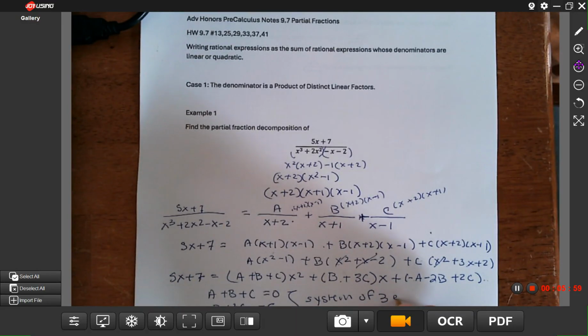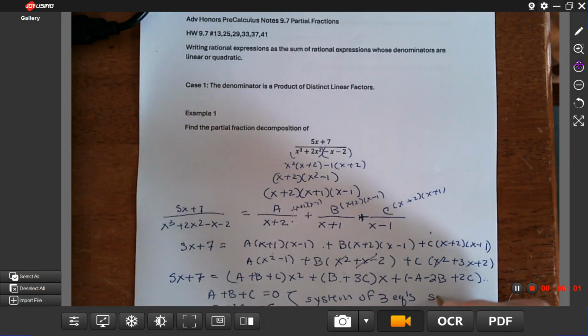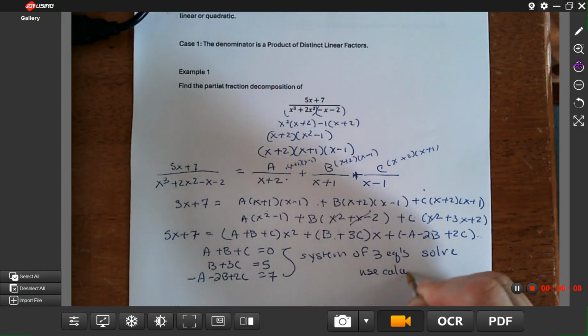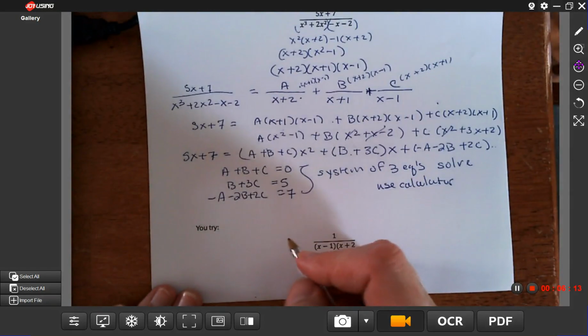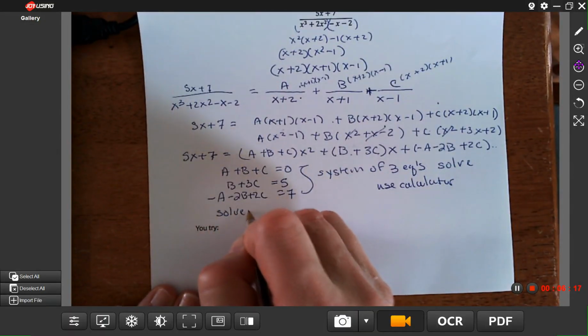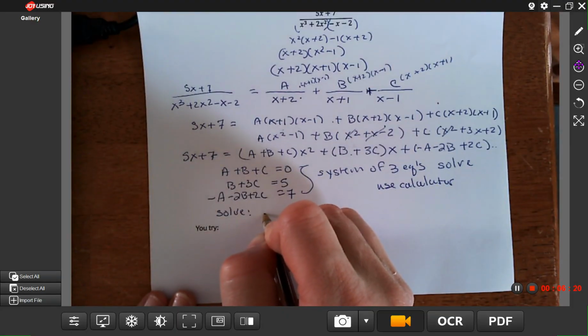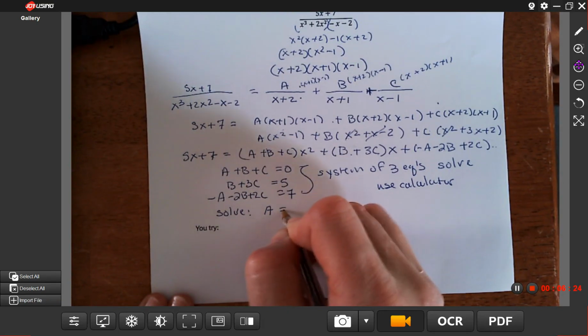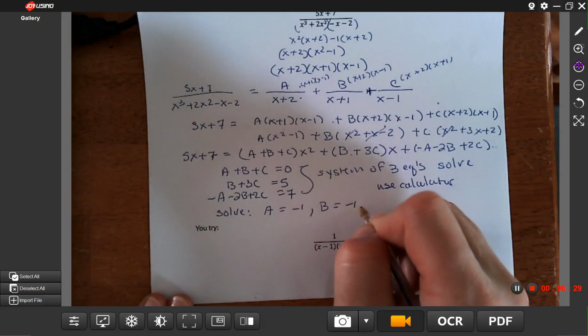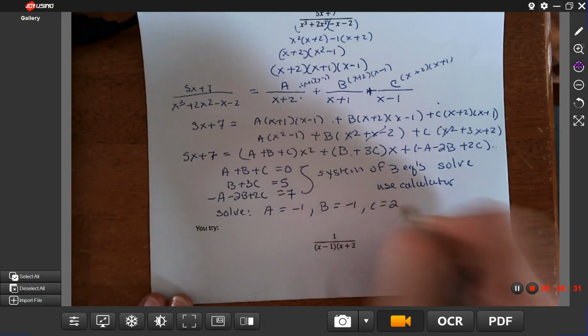So now I have a system of 3 equations. I'm going to solve that using the calculator. So I'm going to use an augmented matrix. We know how to do this. So you would put it in, do all the magic, and we would find that a equals -1, b equals -1, and c equals 2.